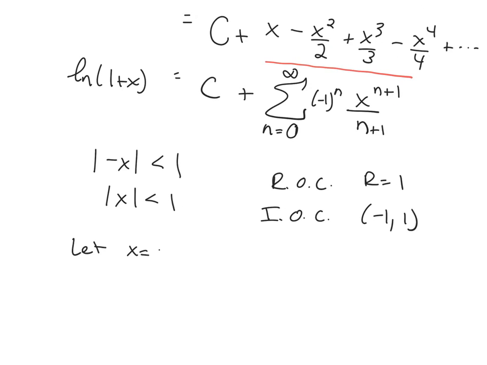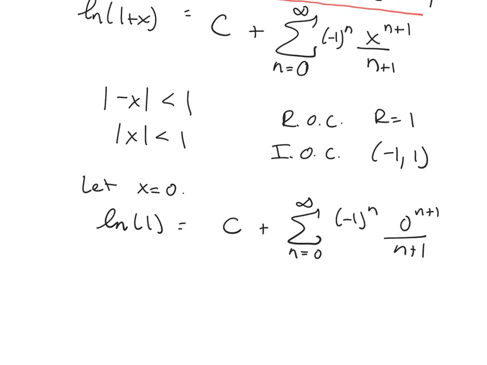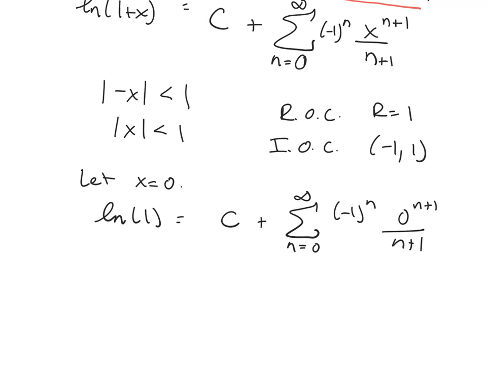Let x equal 0, and you get ln of 1 equals C plus the series. Well, I have 0 to a power, which is just 0, times a number, that's just 0, divided by a number, that's still 0. So all of these terms become 0, and I add up 0 forever, so the whole thing becomes 0.